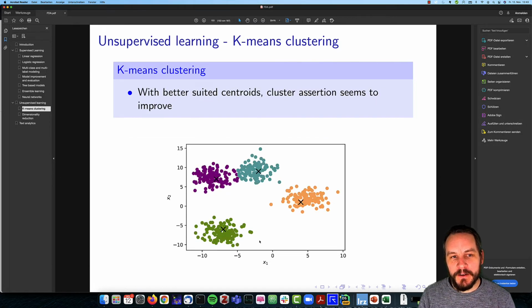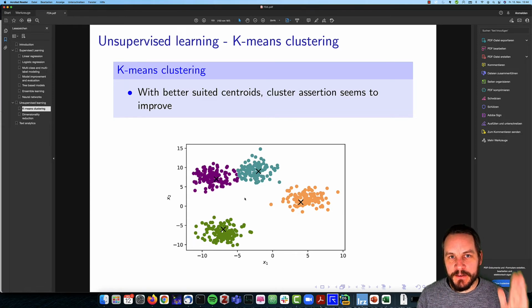Basically, once we are finished with the estimation of the clusters and the cluster centers, what's calculated is called the inertia. The inertia is simply the sum of all the distances from each point to their cluster centroids. If we have a good cluster segmentation, the differences between the individual points and their own cluster centers should hopefully be very small, so they should be very similar.